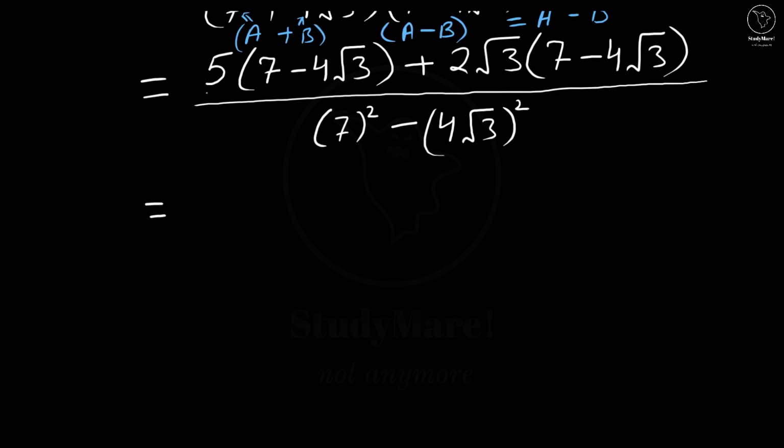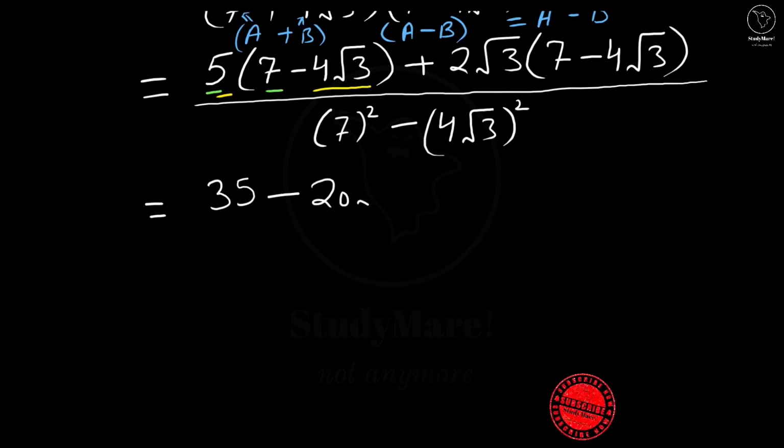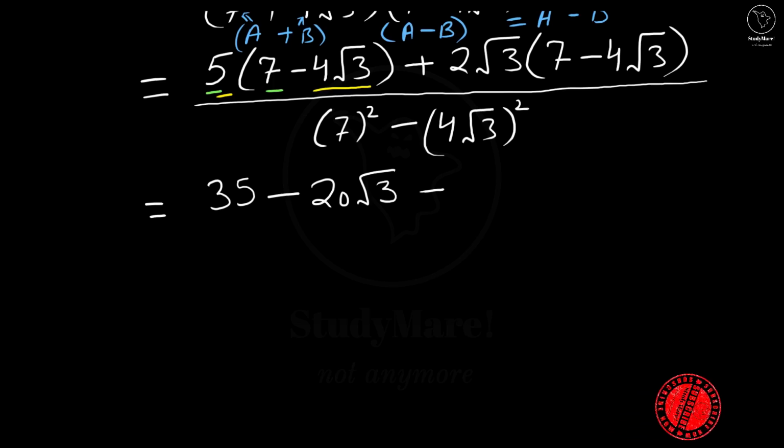That means we multiply 5 with 7, so we get 35. Then we have to multiply 5 with minus 4 root 3, which gives us minus, since plus into minus is minus, 5 into 4 is 20, and we have root 3. Plus, the same way we expand this, so here we have 2 root 3 multiplied by 7, which gives us 7 into 2 is 14 root 3.